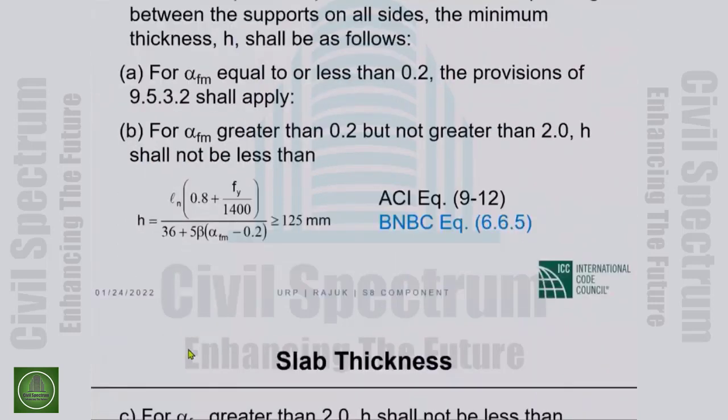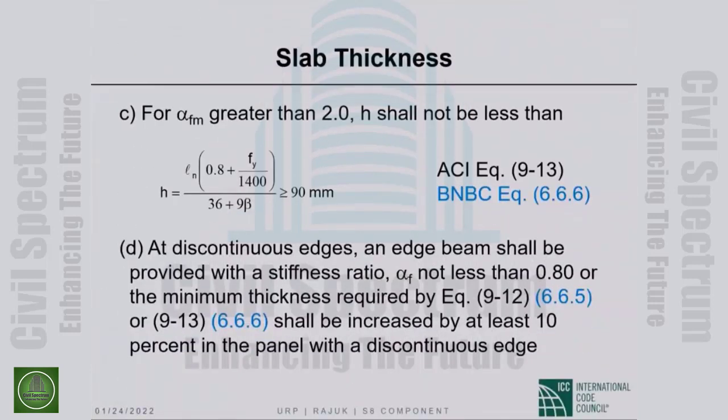Okay, so then if the beams are very stiff, alpha sub fm greater than 2, then the expression changes to what you see in the picture. Now the minimum is 90 millimeters.